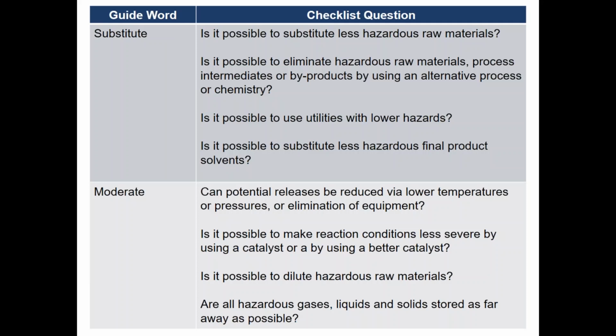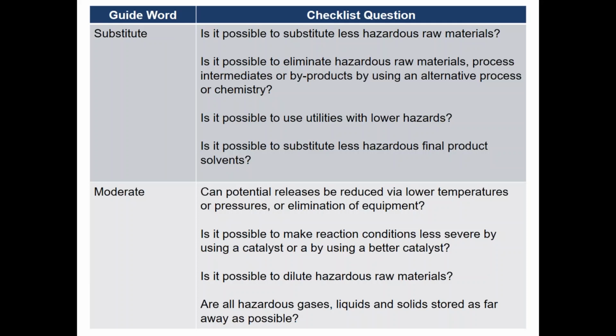For example, in refineries, this can be achieved by using sulfuric acid for the alkylation unit rather than hydrofluoric acid. Or if you have a selective catalytic reduction system, aqueous ammonia can be substituted for anhydrous ammonia. Another question is, is it possible to eliminate hazardous raw materials, process intermediates, or byproducts by using an alternative process or chemistry? Then, is it possible to use utilities with lower hazards?